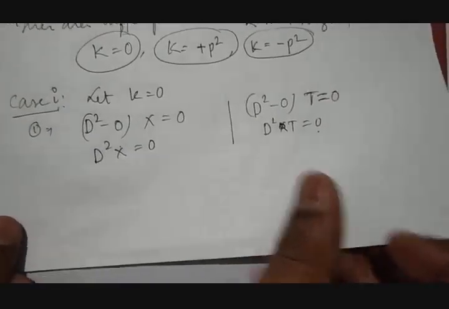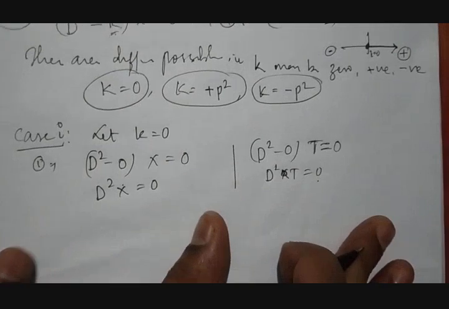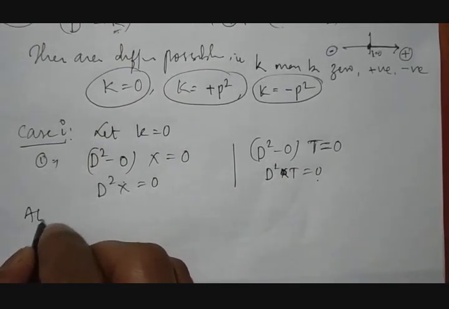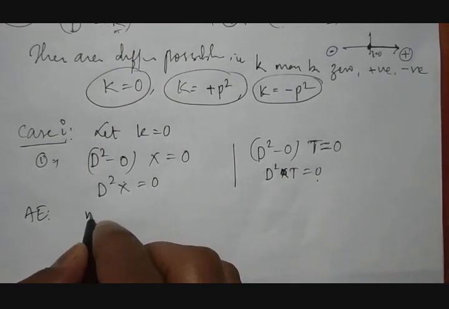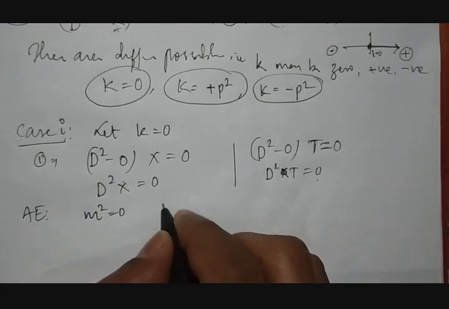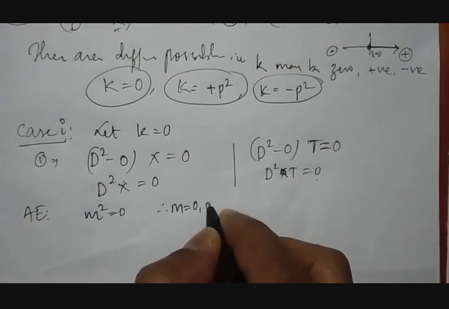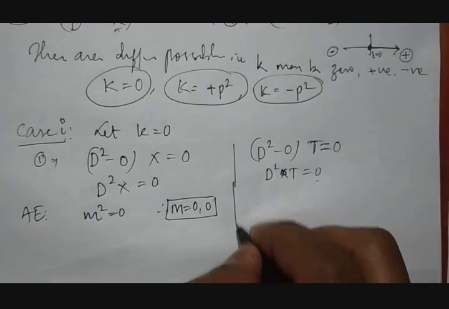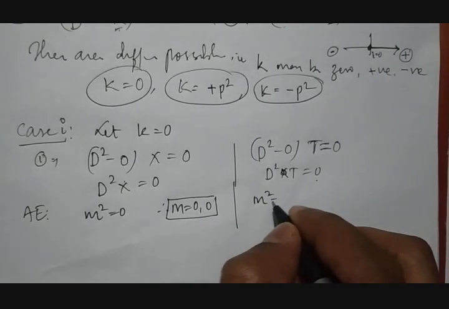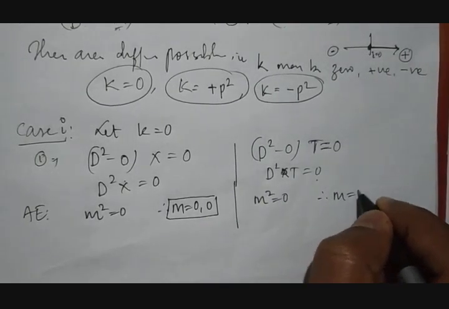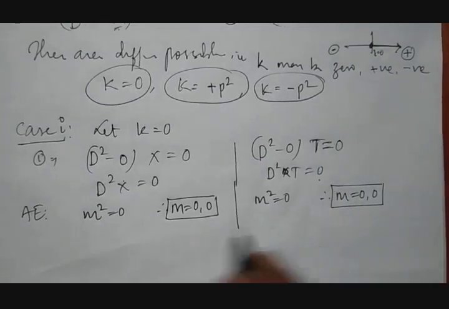Since we know that to get a complementary function we need a root, and that root is possible through the auxiliary equation, what is the auxiliary equation? M square equal to 0. Therefore m is equal to 0 and 0. Similarly here, m square equal to 0. Therefore m is equal to 0 and 0.